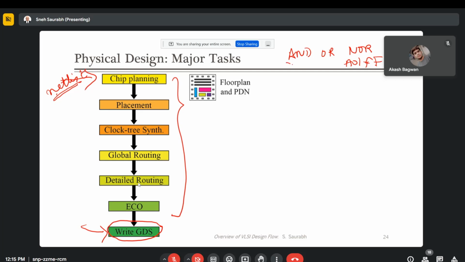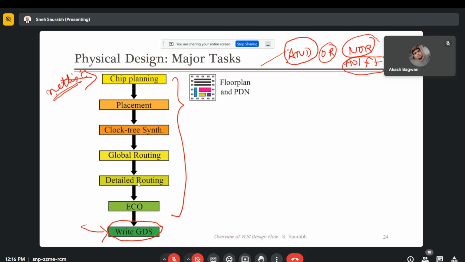But what an AND gate or NAND gate is at the transistor level is designed before the VLSI design flow, at the transistor level, and this is known as library characterization.